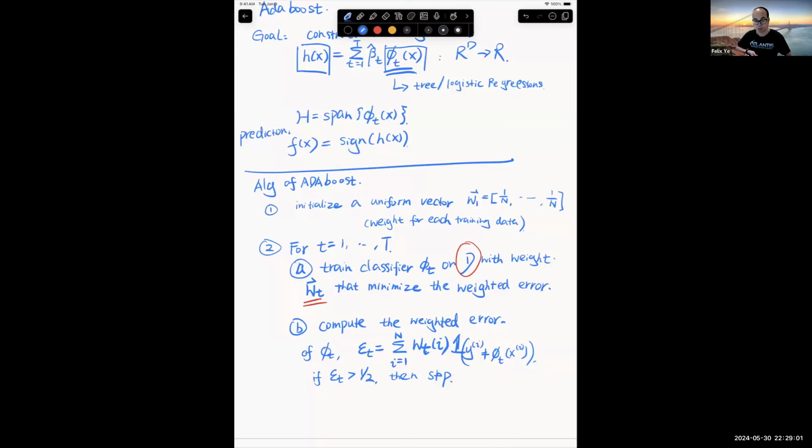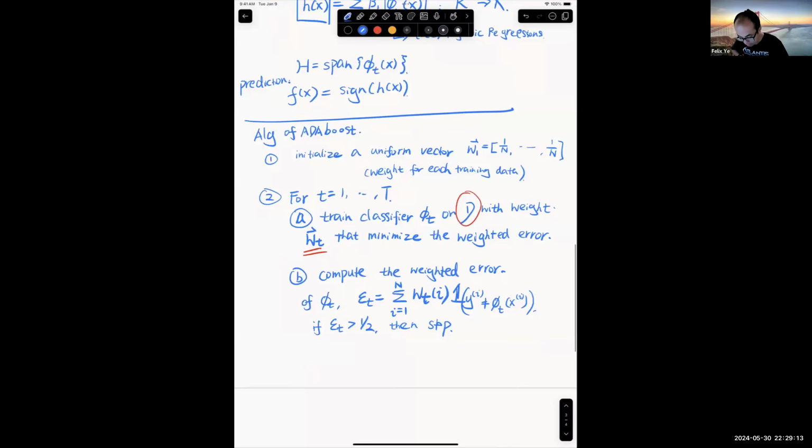If epsilon is bigger than half, that means our error is actually bigger than random guessing. So we should stop right here, and otherwise we can continue. So there's some early stopping that we can put here.